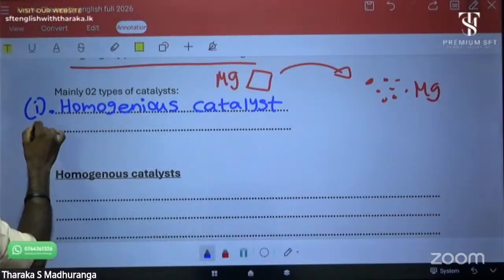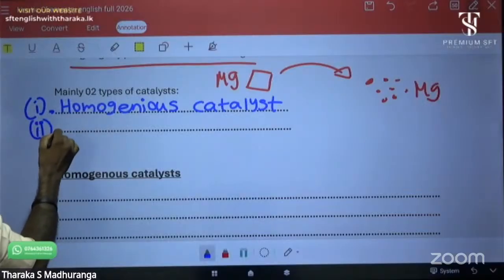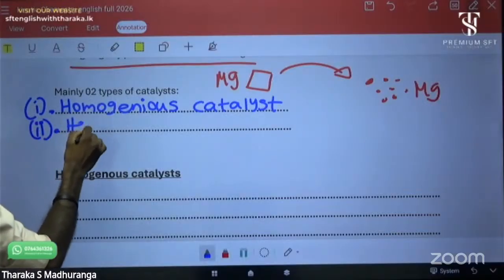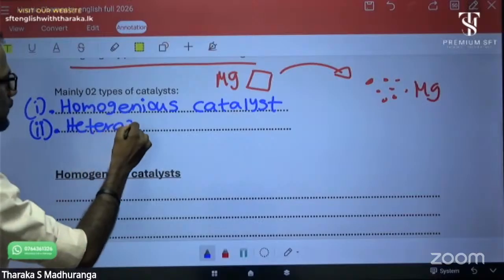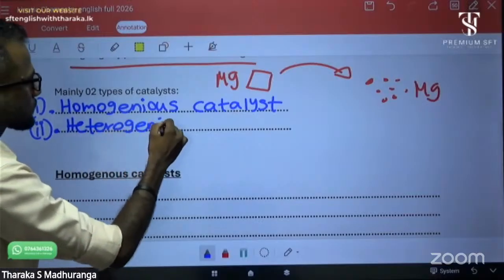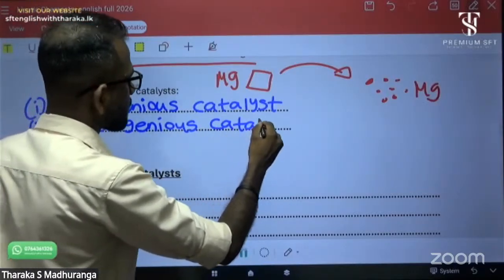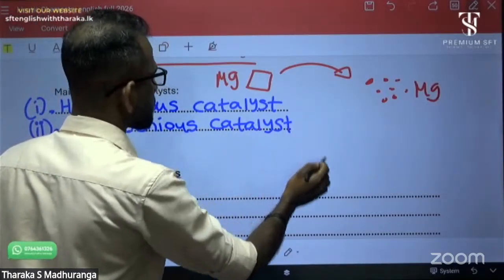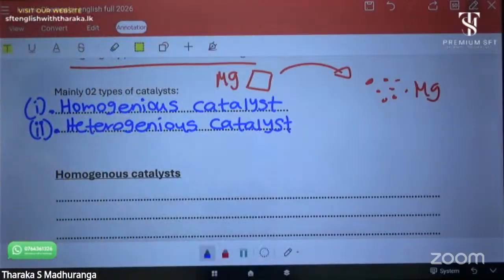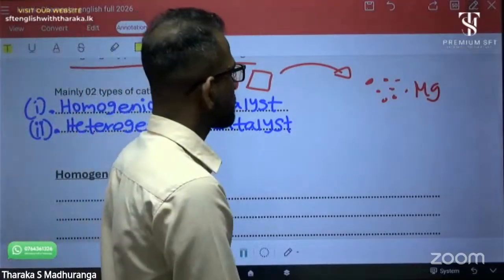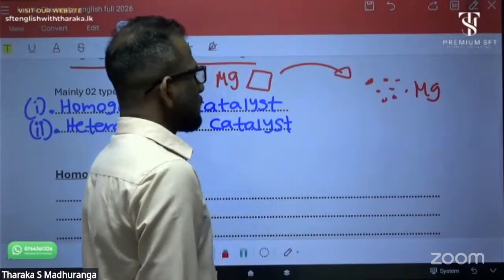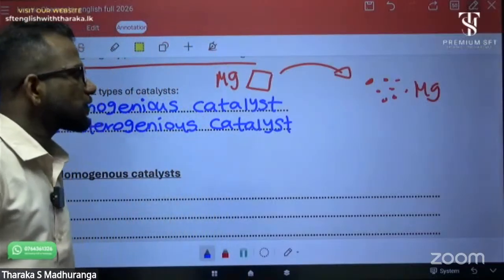The second one is heterogeneous catalyst. Homogeneous catalyst and heterogeneous catalyst.